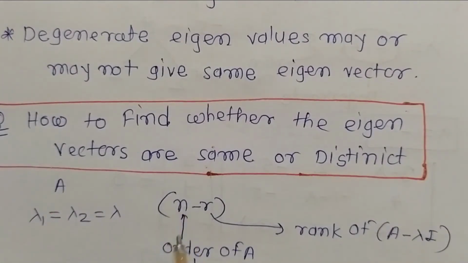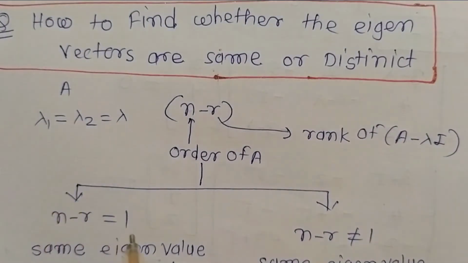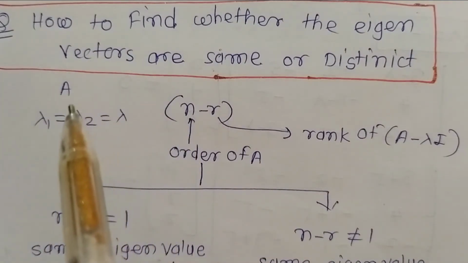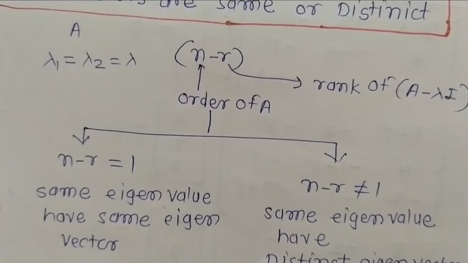Then we have to find n minus r, where n is the order of the matrix and r is the rank of A minus lambda I. When n minus r is equal to 1, the same eigenvalue has the same eigenvector.